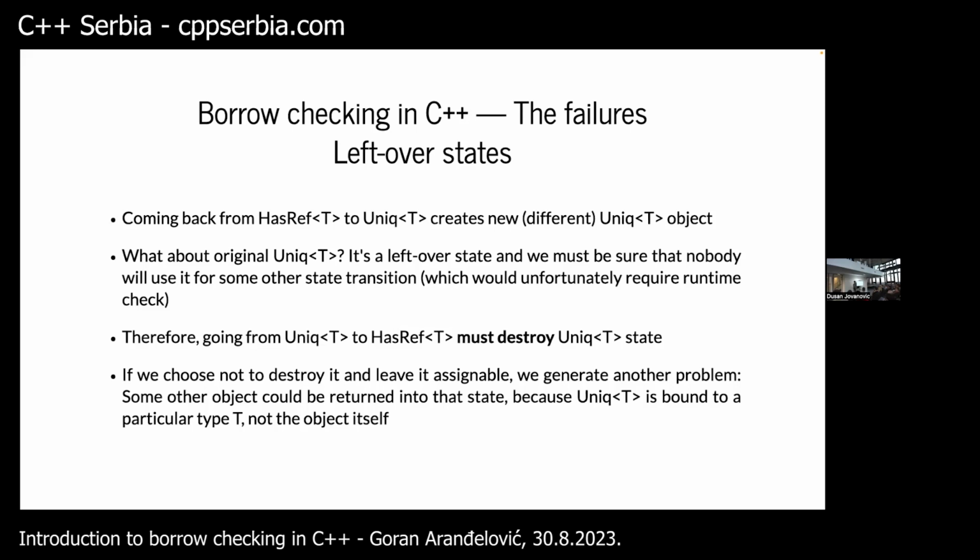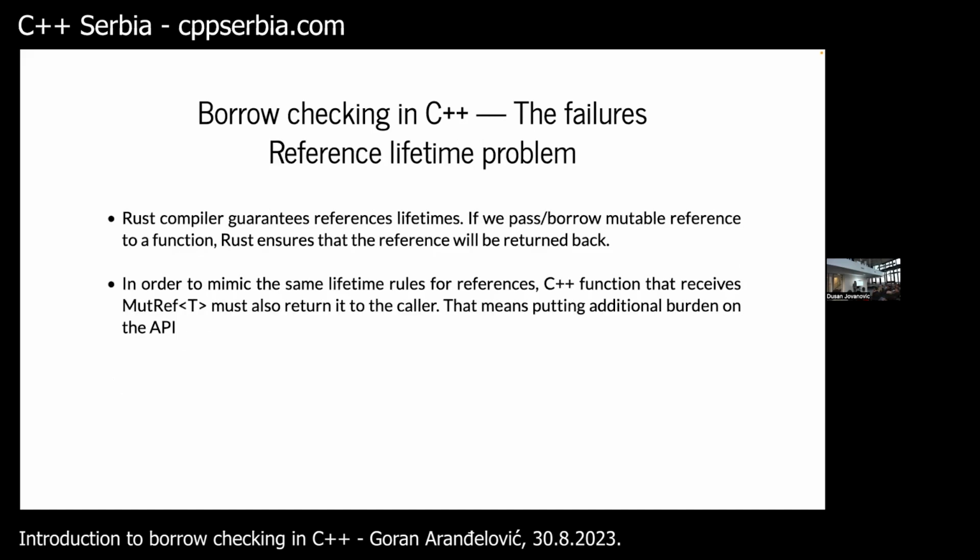You have to be careful about that. And that is also one of the reasons why you cannot implement it this way. And I think this is one of the last problems mentioned.